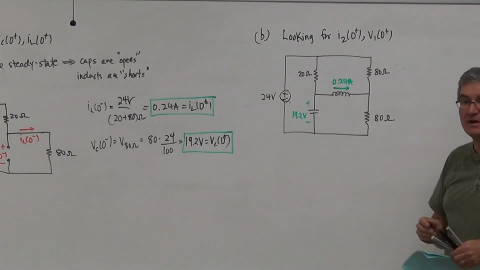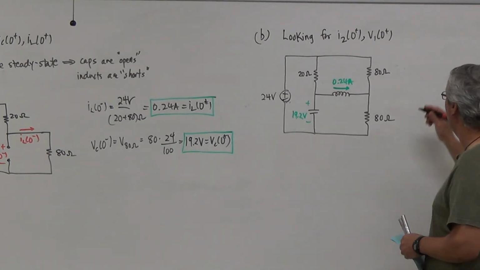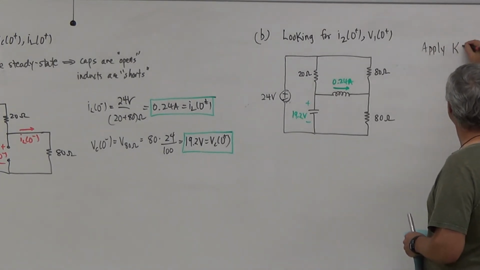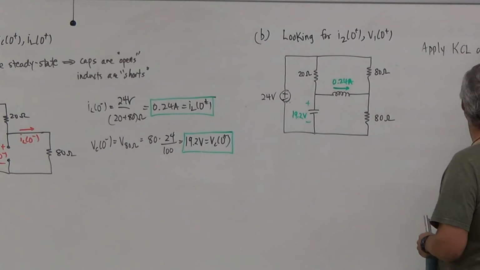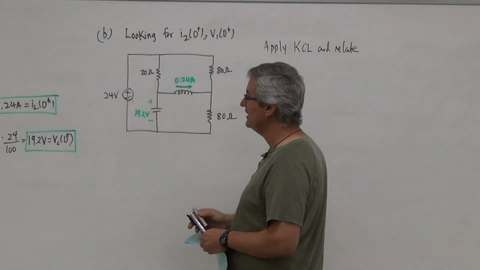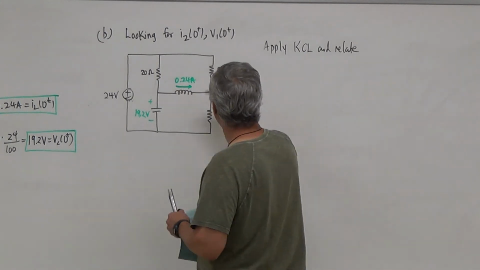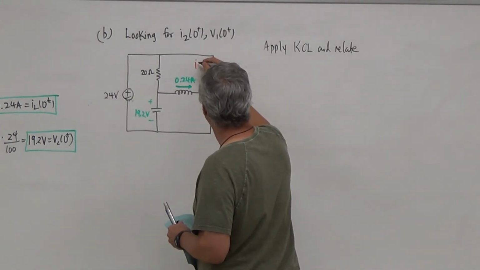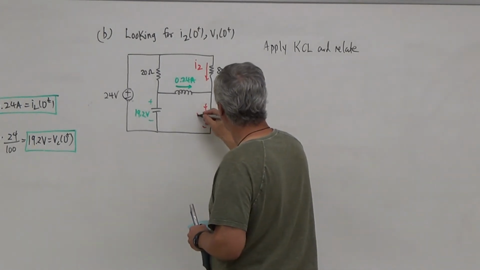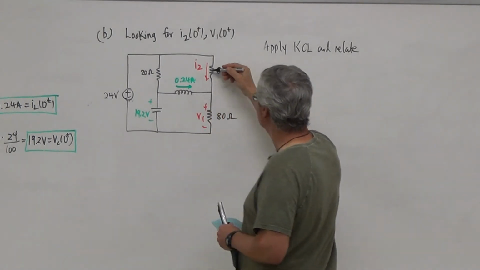So my job now is to apply KCL and look at my currents here. If this guy is current I2 and this guy is V1, I need to relate these two.